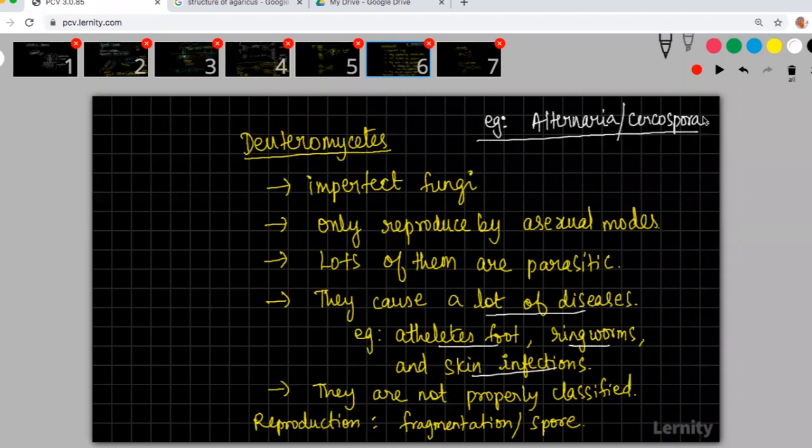These are all examples. It is not that these fungi are not identified. They are identified, but they are not able to understand which group these organisms belong to.